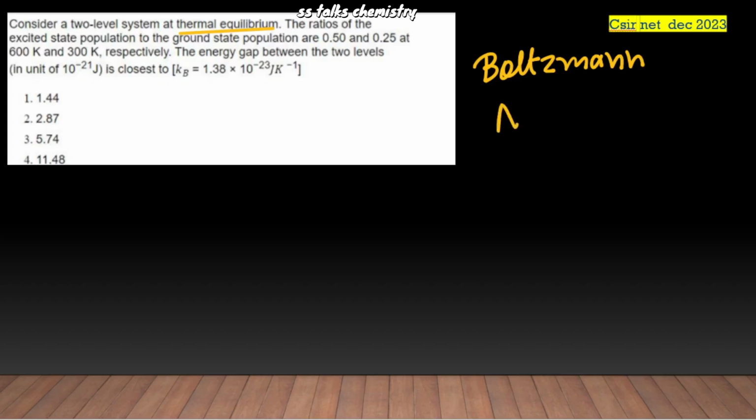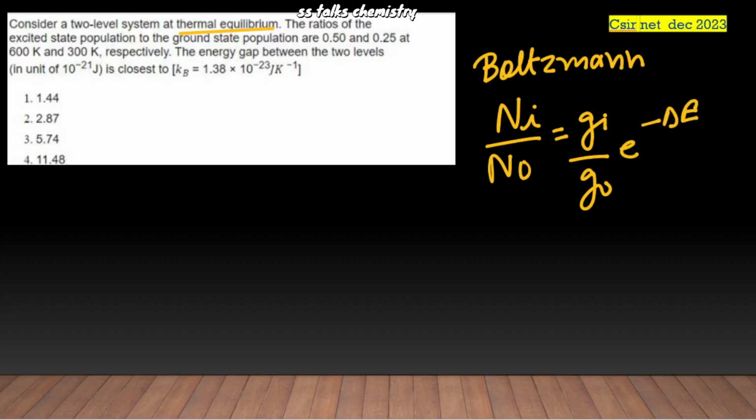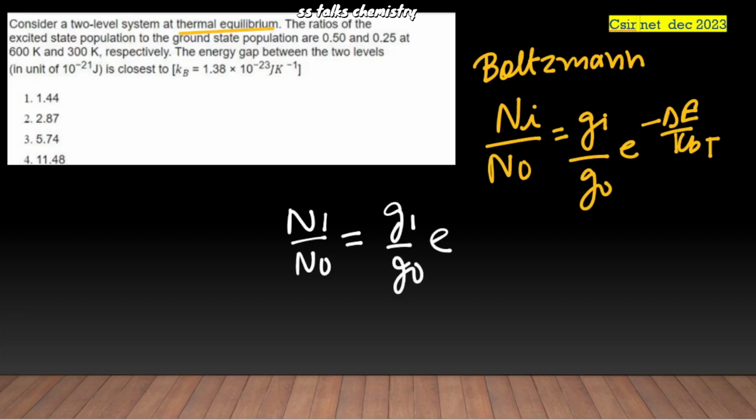According to Boltzmann, you can find the population in the excited levels Ni upon N0, it is Gi upon G0 e raised to the power of minus del E upon kBT. So for the first excited state and the ground state, N1 by N0 is G1 upon G0 times e raised to the power of minus delta E upon kBT.